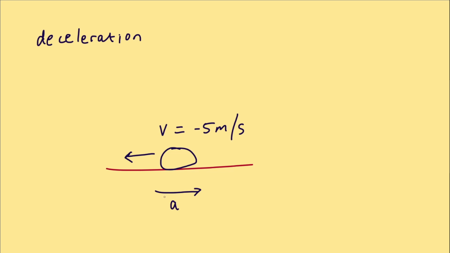Well, this acceleration, because it's in the opposite direction of the velocity, it's counteracting the velocity and is therefore decelerating your Lamborghini. So even though the acceleration is going to the right, a positive direction, it's still decelerating your car because the acceleration and the velocity are in opposite directions.